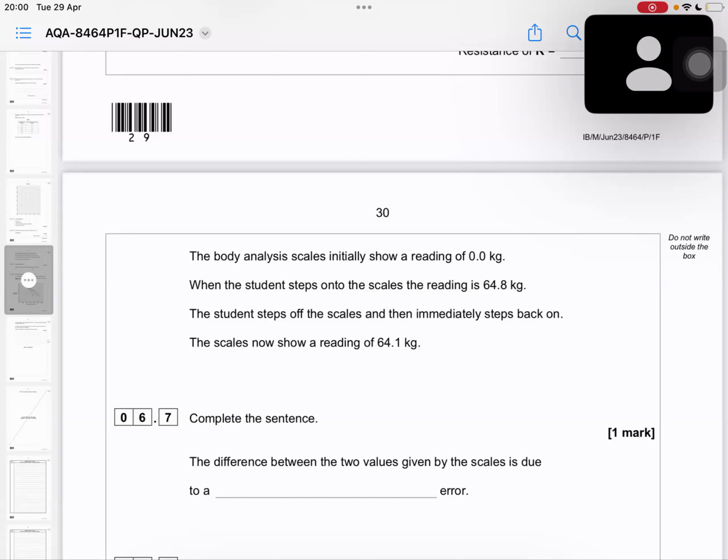I'm not sure of the name now. There are different types of error that you can have when taking measurements. There's parallax error, and there's another one, I'm not too sure of the name now, especially when it has to do with something like springs.